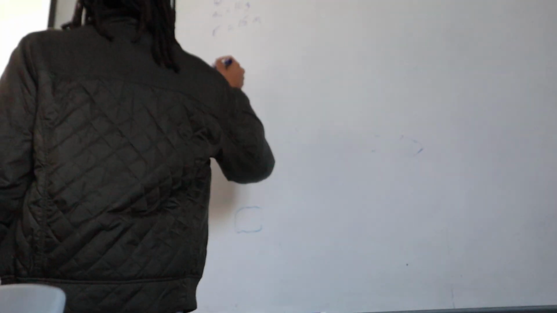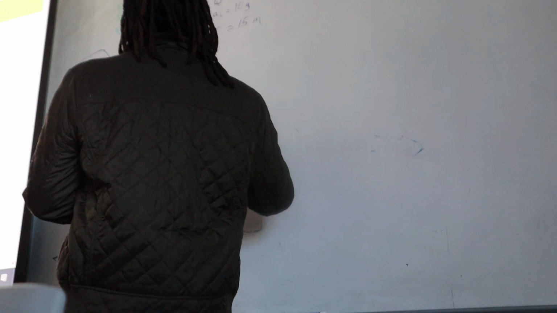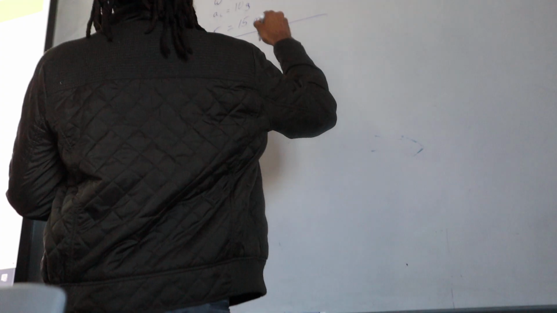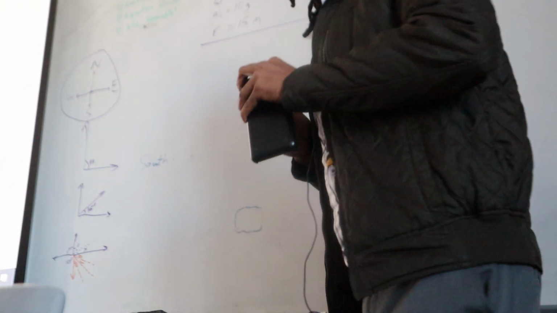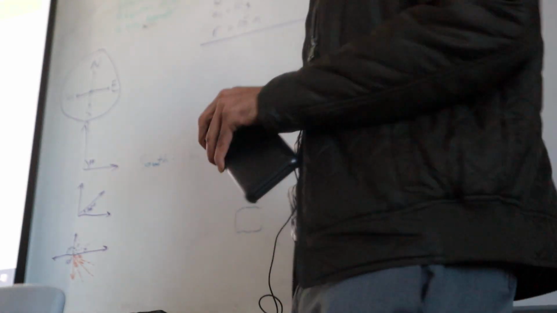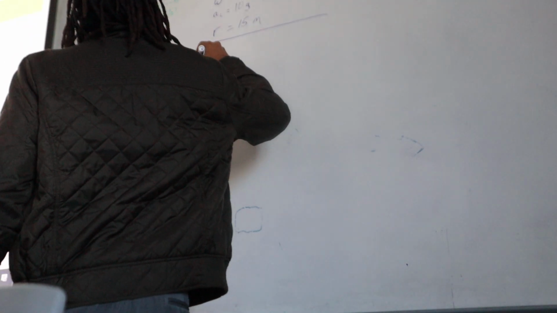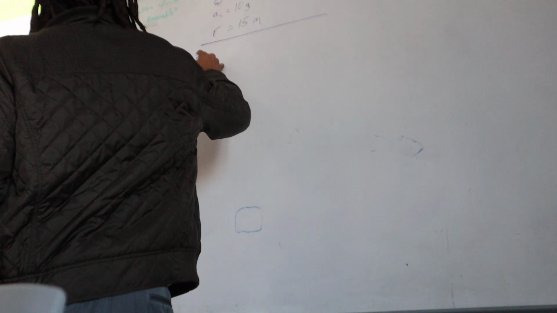Alright. So we're looking for omega. Those are our knowns and unknowns. So, free body diagram. Alright, so next equation, acceleration.